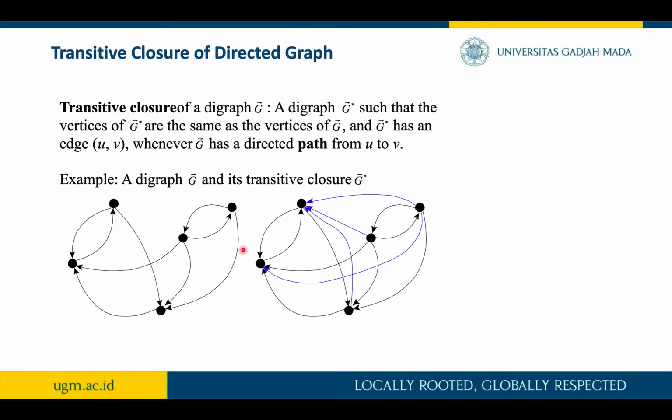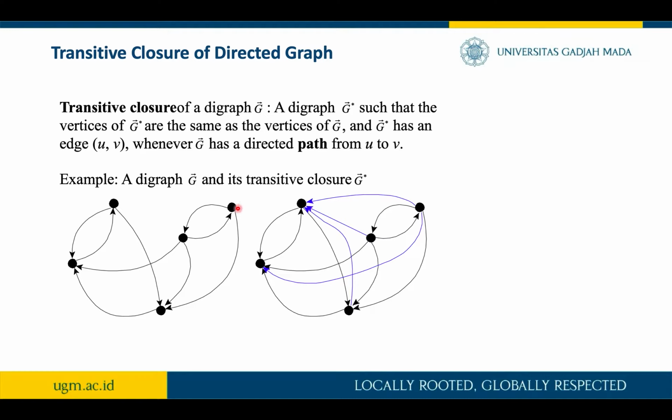Because, for example, we can have a path from this vertex to this vertex, using this and then that. So as a transitive closure, there is a directed path from this vertex to that vertex.